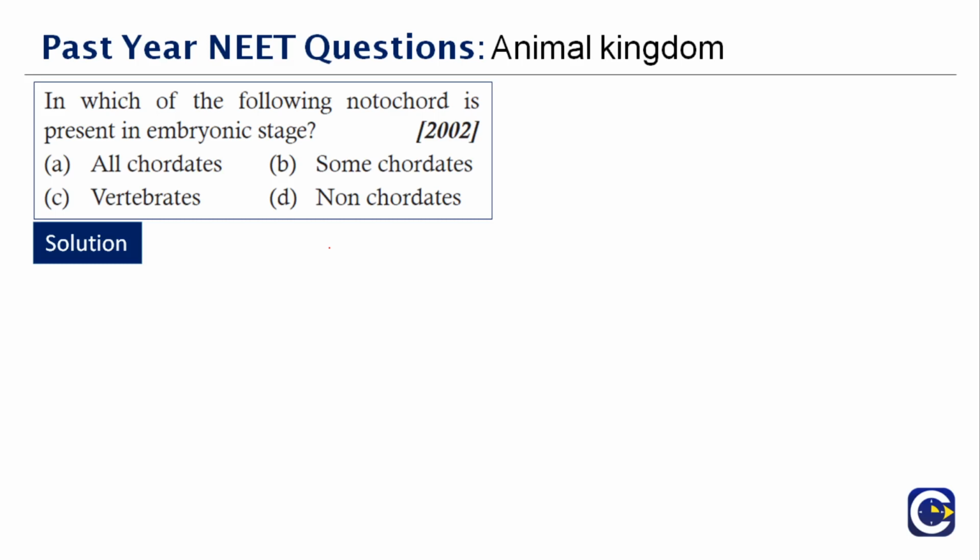It is a cartilaginous skeletal rod, supporting the body in all embryonic and some adult chordate animals. Therefore, it is present in all the chordates. The correct answer is option A.